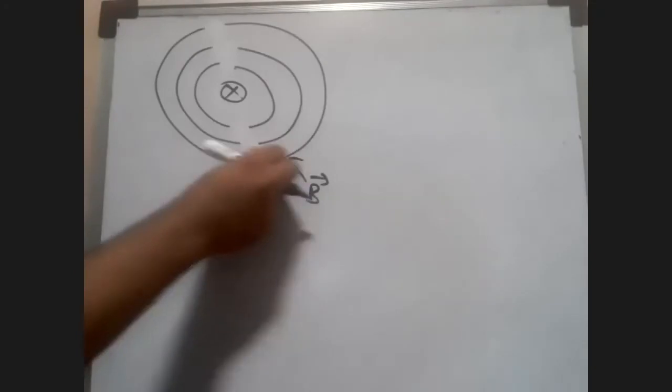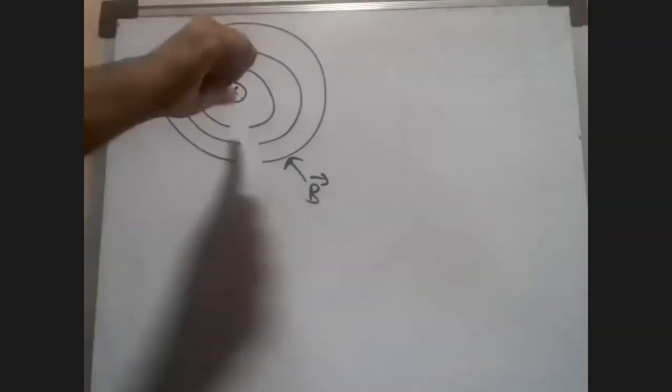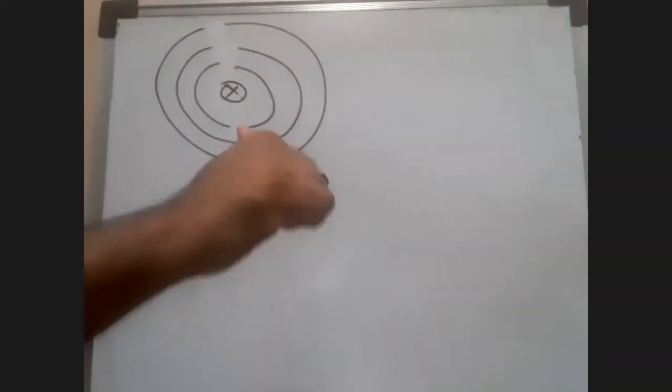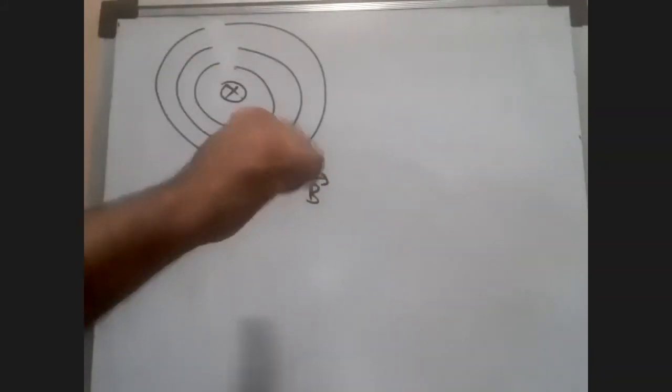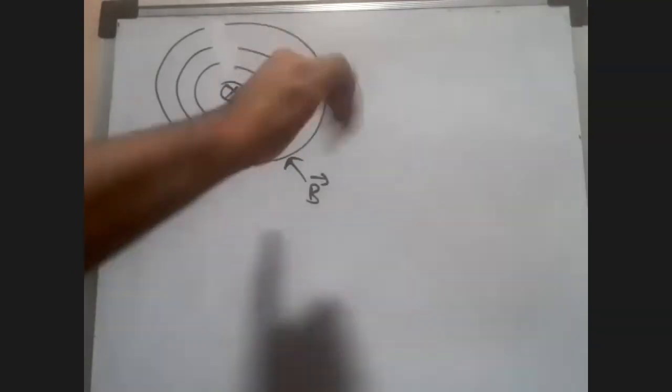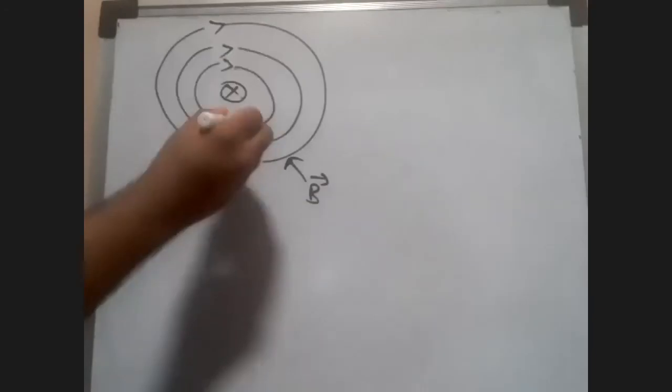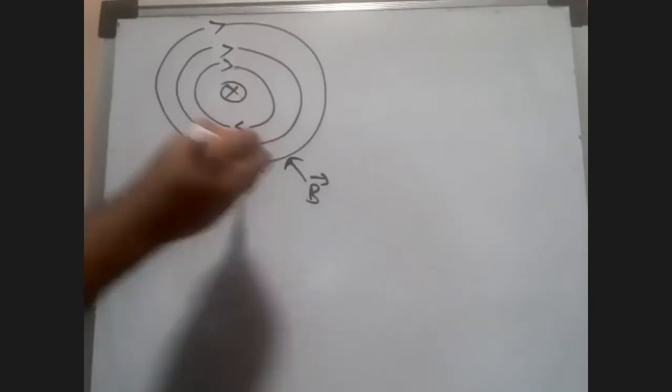Can you tell me? You put your thumb in the place of the conductor with current going inside, curl your fingers, and you get a clockwise direction. So you get your magnetic field in such a direction.